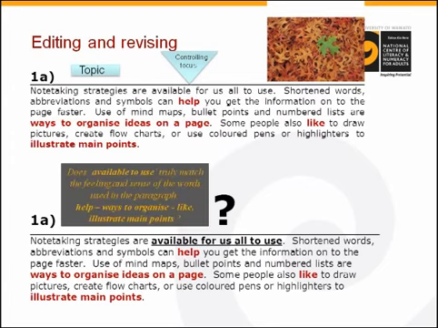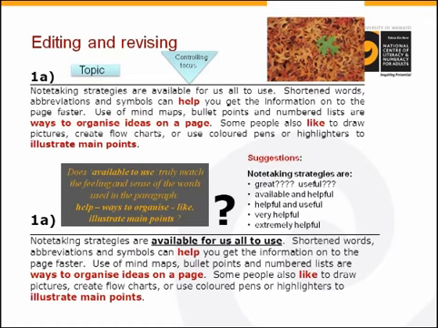I'm trying to think, does "available to use" truly match the feeling and sense of the words used in the paragraph? Words like help, ways to organize, like, illustrate main points. It does in one sense, but is there anything better that we could use?